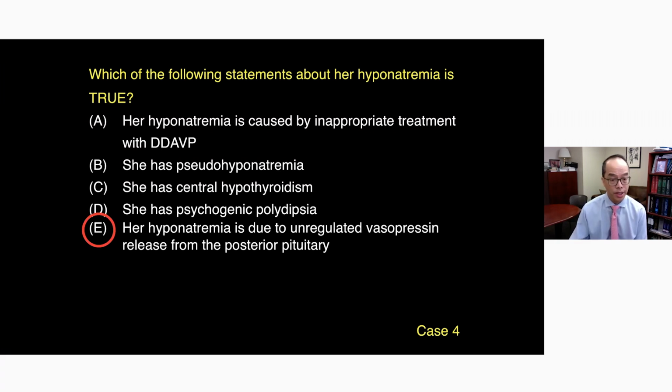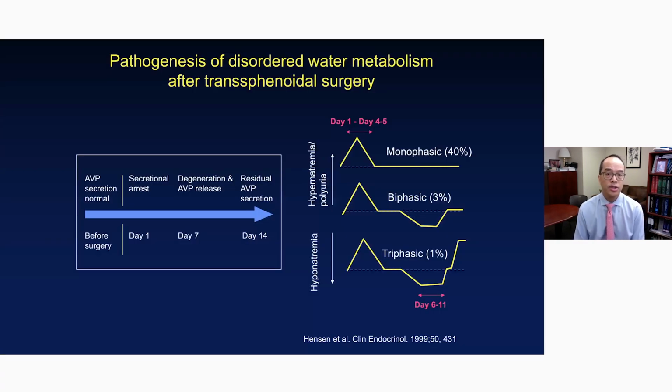And the answer is E, unregulated vasopressin release. So this slide summarizes the pathogenesis of disordered water metabolism after transsphenoidal pituitary surgery. It can be divided into 3 phases, and patients can have one or more of these phases at any one time.